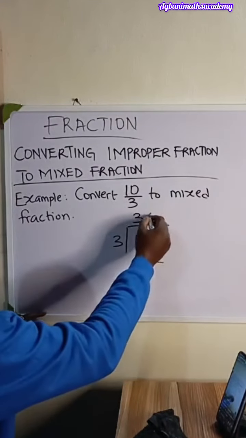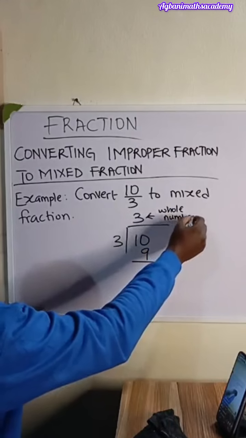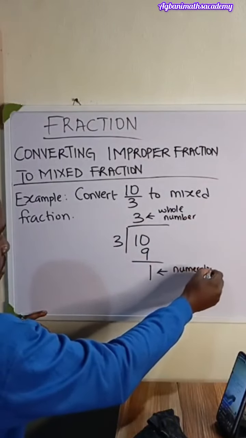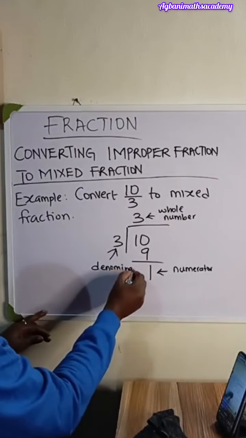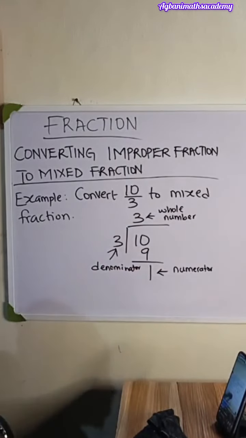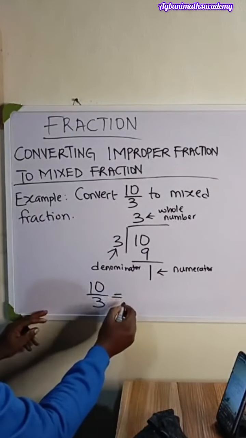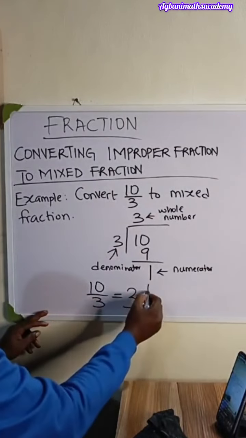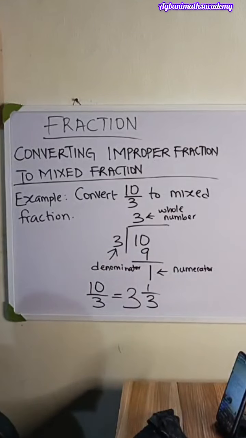So whole number, numerator, denominator. So this is now our mixed fraction. That means 10 over 3 is equal to 3 whole number, 1 over 3. And that becomes our answer.